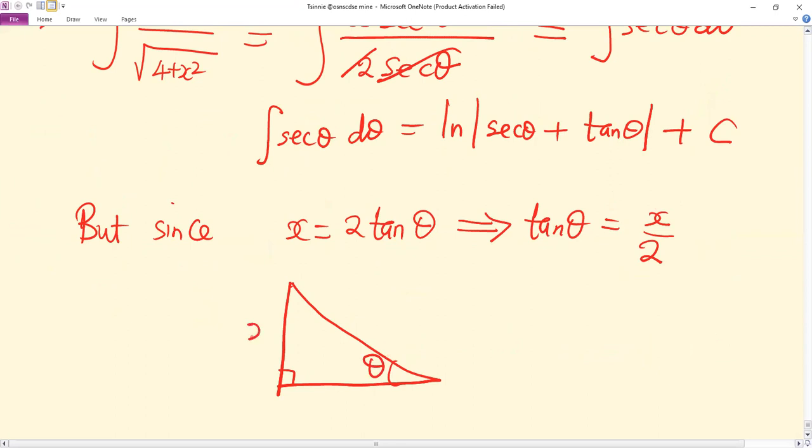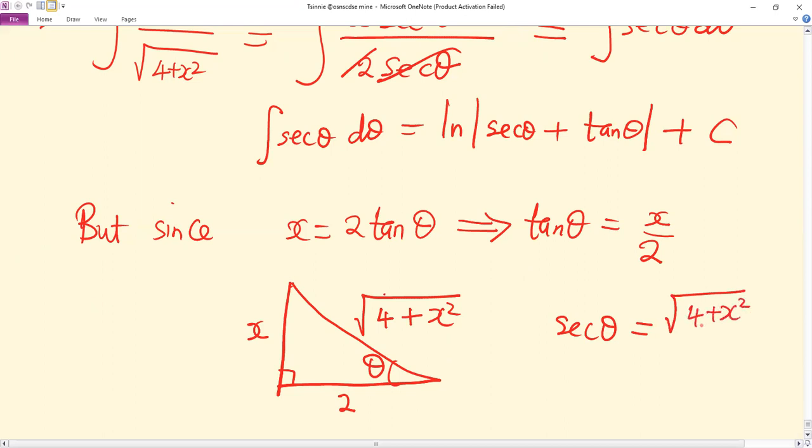Tan is opposite over adjacent. So by Pythagoras theorem, the hypotenuse will be the square root of 2 squared plus x squared, which is the square root of 4 plus x squared. Which implies that sec theta is the same as, sec is 1 over cosine, and cosine is adjacent over hypotenuse, so sec will be hypotenuse over adjacent, so square root of 4 plus x squared divided by 2.